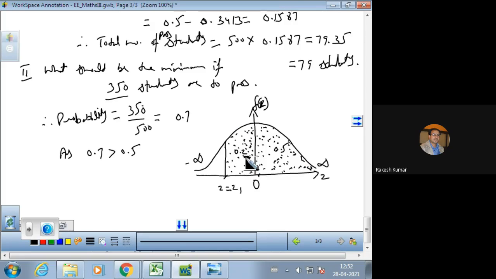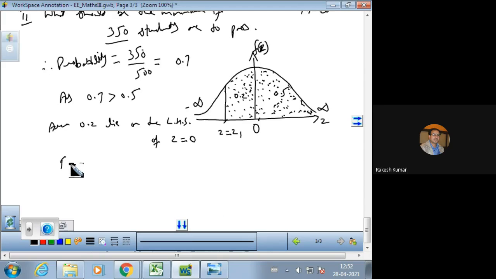So 0.5 plus 0.2 will be 0.7. So area 0.2 is lying on the left of mean position. So area 0.2 lies on the left hand side of mean position z equal to 0.